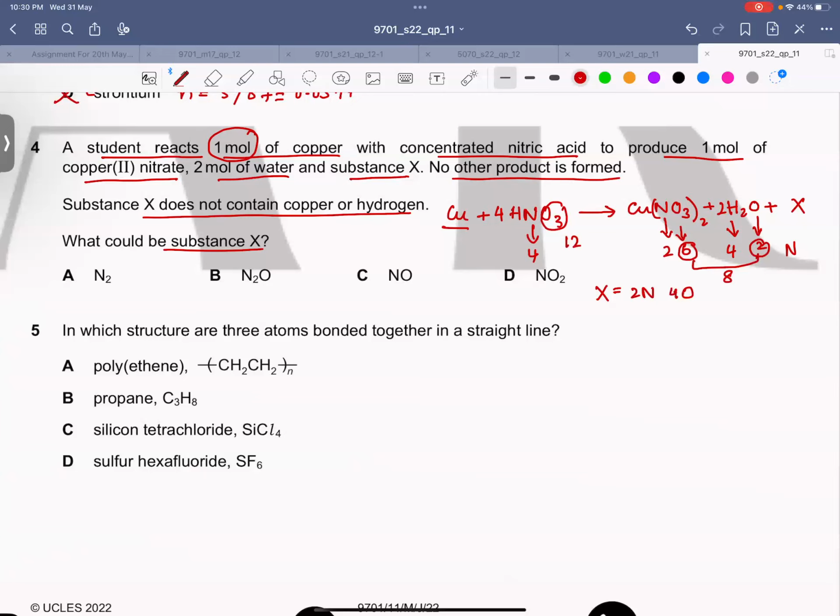So we are left with 2 nitrogen and 4 oxygen, which makes X NO2, and there are 2 moles of NO2. So C, B, and A are the wrong answers, and D is your correct answer. Yes, is this clear to everyone?